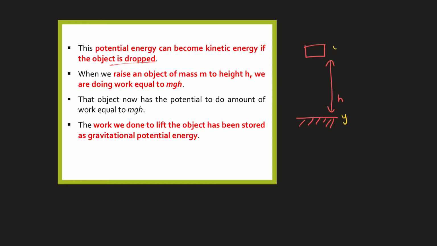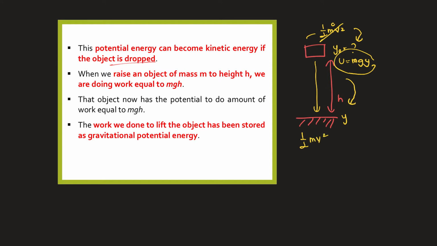So here I have some potential energy, which means that here your kinetic energy is going to be 0, meaning the energy is fully converted into gravitational potential energy, which is U equals mgy. And when the object is dropped and reaches the ground, the energy is transformed from potential into kinetic energy.